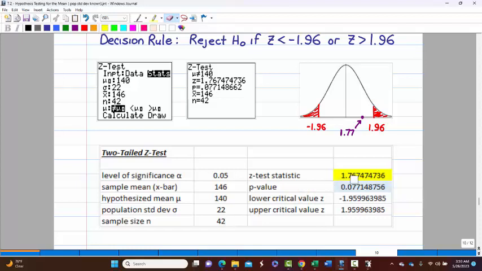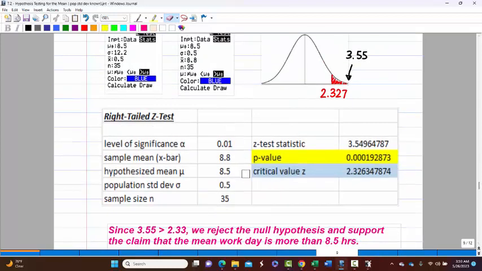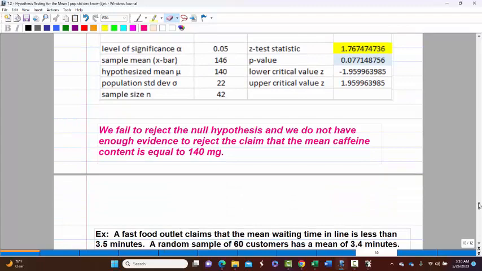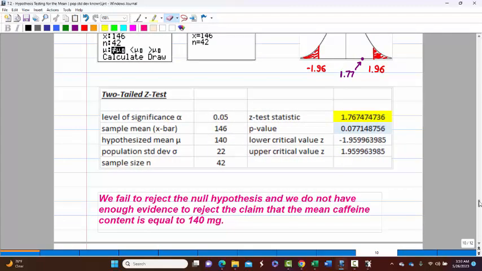Okay, there's your test statistic Z. I had the p-value there earlier. I should probably go back and edit the notes and fix this one real quick. I might do that so I can at least highlight all three, but the test statistic for sure needs to be highlighted because that's the method we're using.